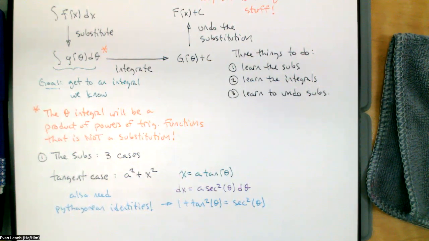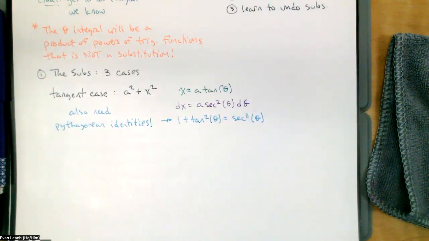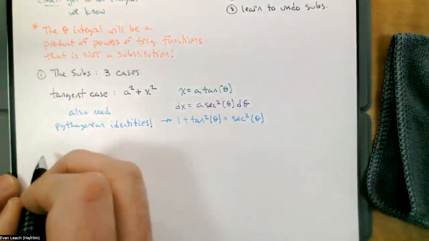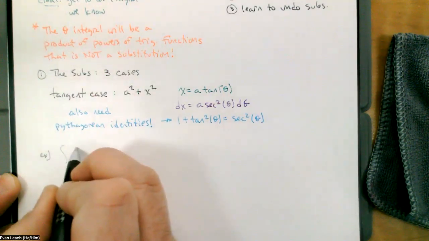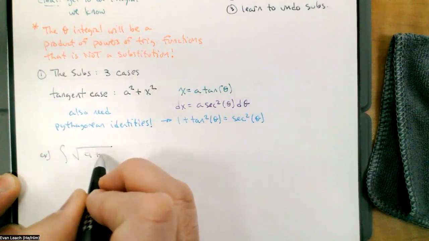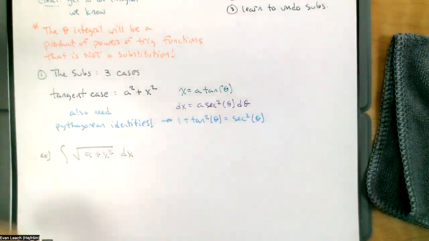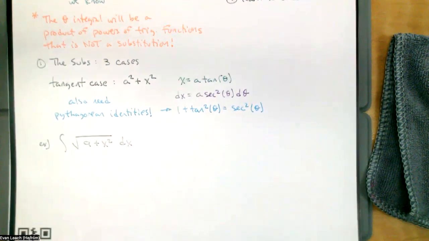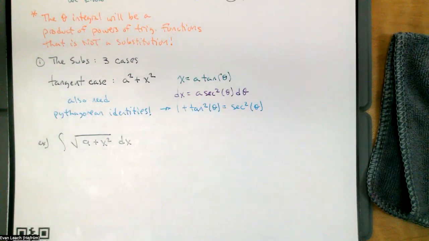Let's look at an example just of this tangent case. What we're going to be looking for is an a squared plus x squared, and let's make our substitutions to see what happens. So here's an example of the thing we're talking about.